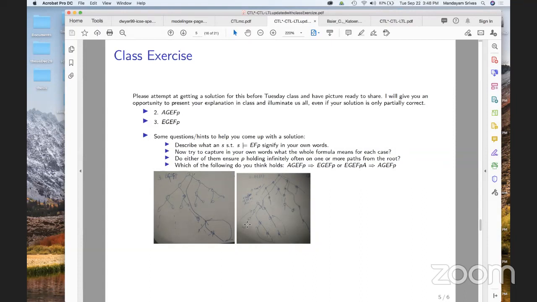So while it imposes the restriction that from every state there must exist a path from which eventually P holds good, it does not require that on every path P has to happen infinitely often.